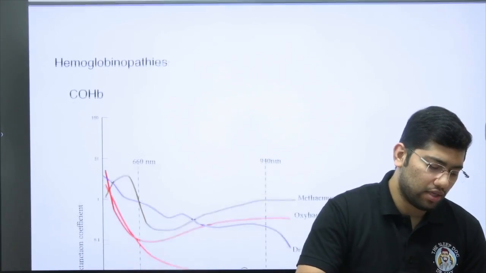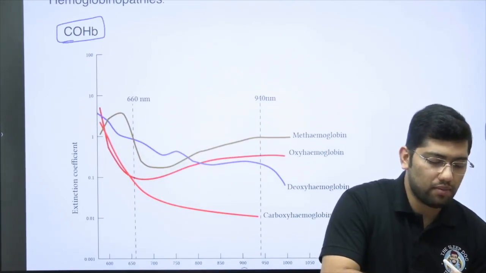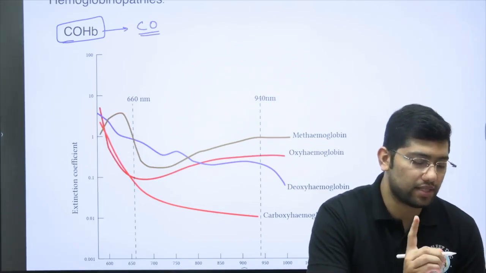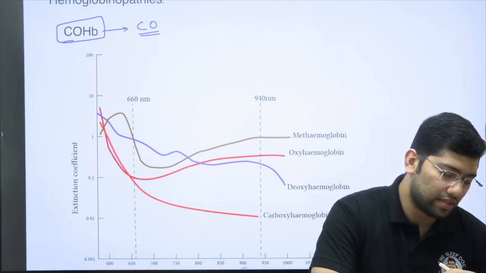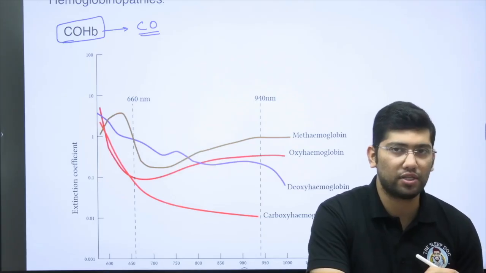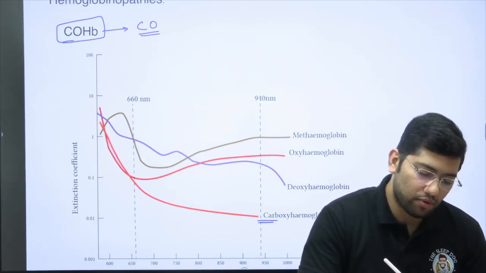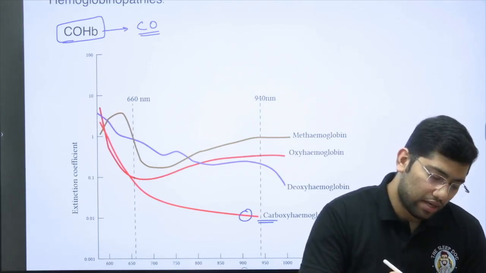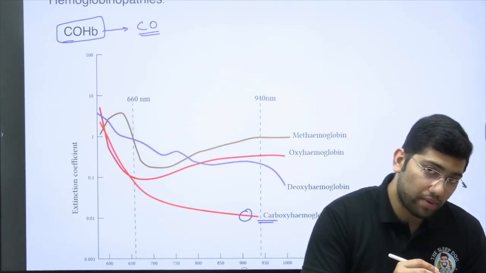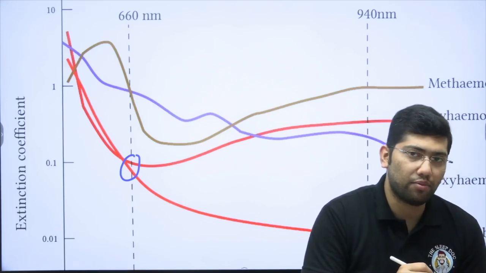Now coming to carboxyhemoglobin. This is hemoglobin combined with carbon monoxide, not carbon dioxide. That is carbaminohemoglobin. This is carbon monoxide, that is carboxyhemoglobin. We all know from forensic medicine, carboxyhemoglobin is classically cherry red. So here we have denoted carboxyhemoglobin with a bright red color. You can see the absorbance coefficient of carboxyhemoglobin is very close to oxyhemoglobin.